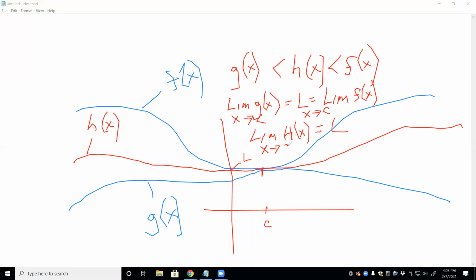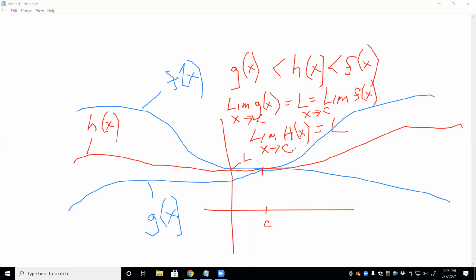Okay. Now, that's all it says in my book. It doesn't give you problems to do. It seems like I have seen a problem involving the squeeze theorem before where they actually gave you the two functions, f of x and g of x, and maybe even the h of x, and you were able to calculate the limits of f of x and g of x, but not h of x.